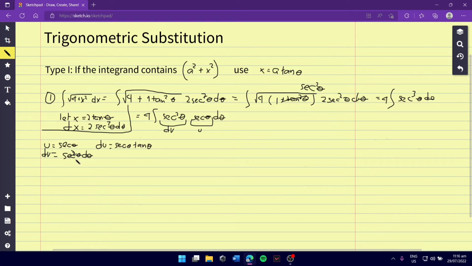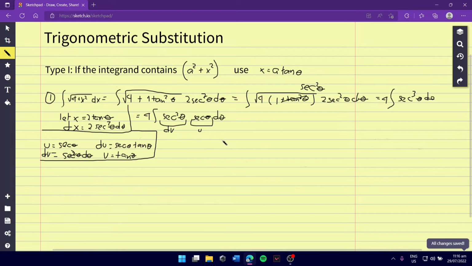Next, the integral of dv, secant squared, is tangent theta. So now we have our values for u, du, v and dv. So we will use the integration by parts.